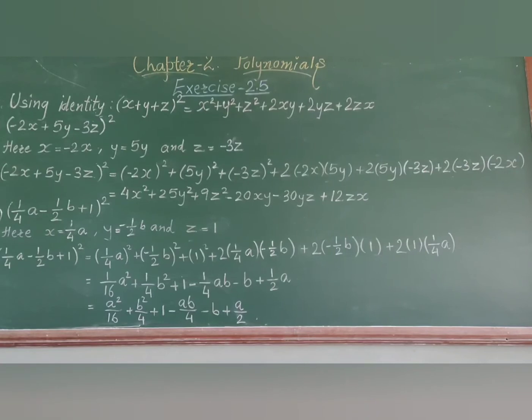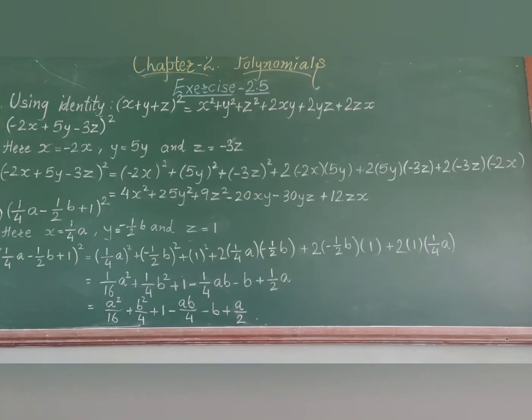So we will get equal to minus 2x whole square plus 5y whole square plus minus 3z whole square plus 2 into minus 2x into 5y plus 2 into 5y into minus 3z plus 2 into minus 3z into minus 2x.